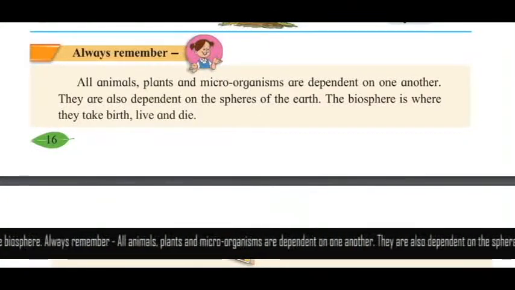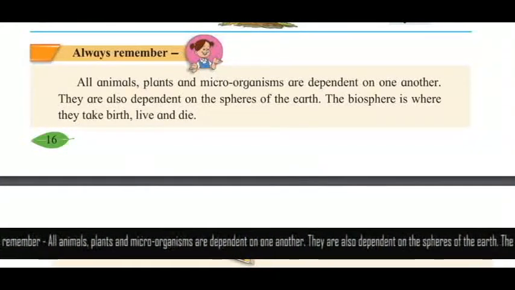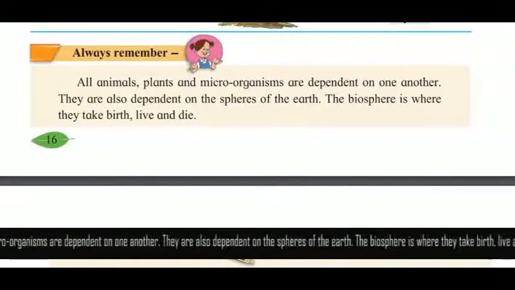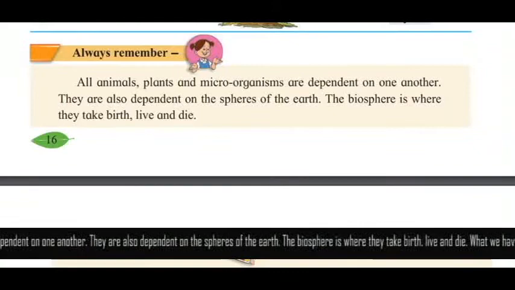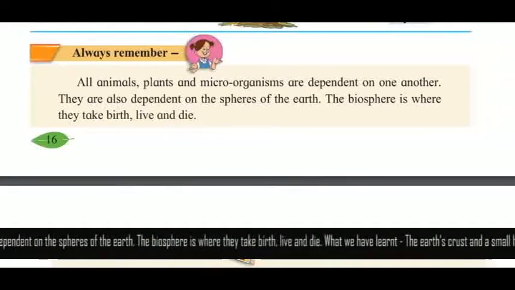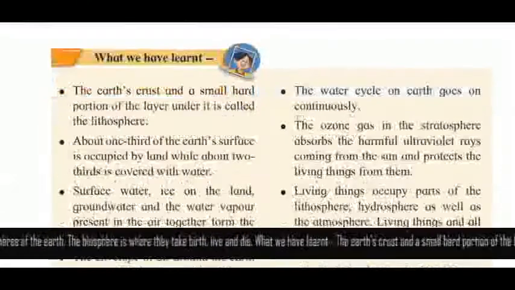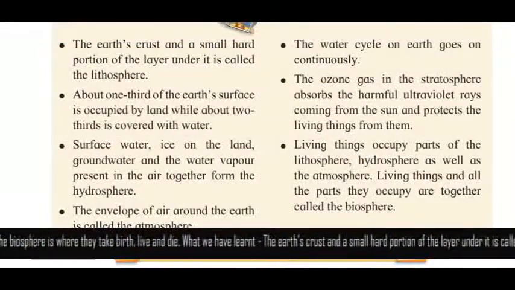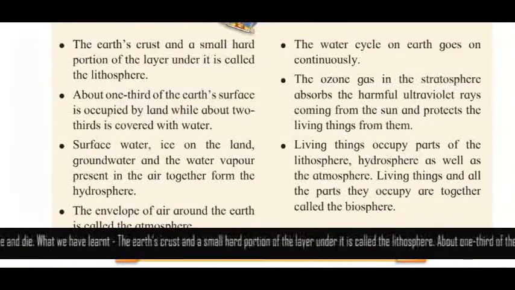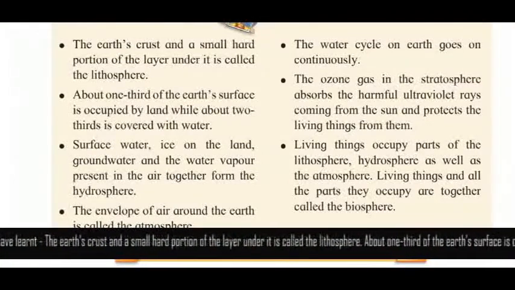This living world constitutes the biosphere. Always remember, all animals, plants and microorganisms are dependent on one another. They are also dependent on the spheres of the earth. The biosphere is where they take birth, live and die.